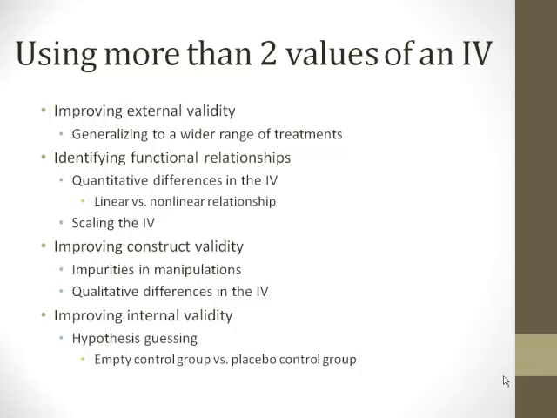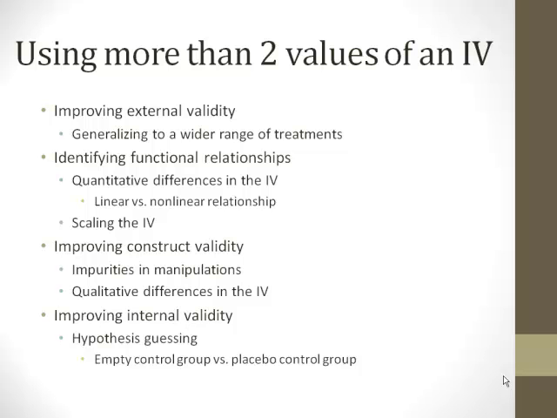Usually, though, the placebo does have an effect, right? But if you have an empty control group, you can at least then say, okay, the treatment was successful and it was better than no treatment at all. It was also better than placebo, but placebo was better than no treatment, right? And then you can talk about how much of an effect your treatment adds beyond placebo, right? And if it's not much, then, especially if placebo is cheap and your treatment's expensive, placebo is just as good, even if there's a statistically significant difference.